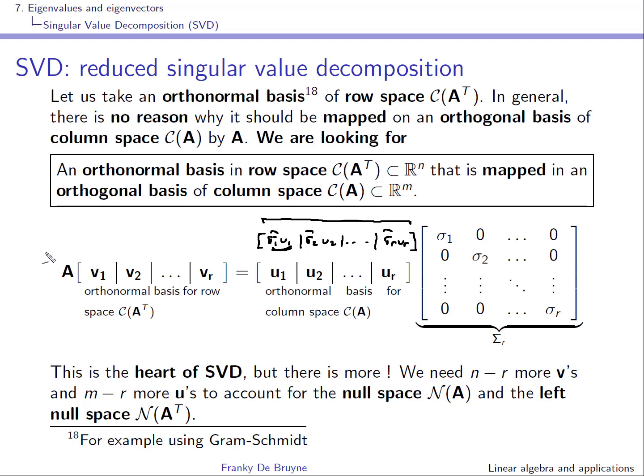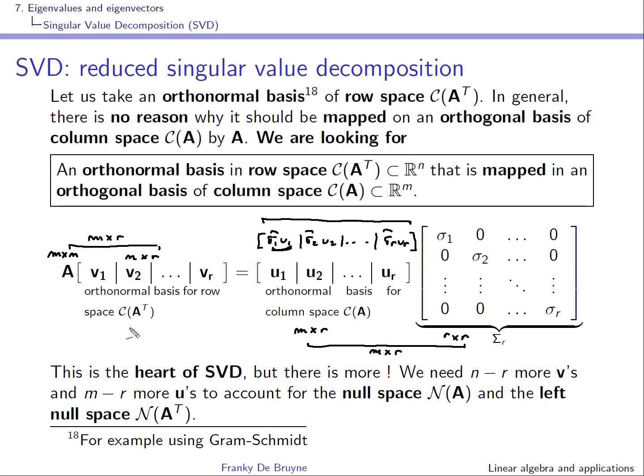Okay, so we know that A is m times n, so this has r columns, so this matrix is m times r, the product is m times r. So here we'll have something which is m times r, and this is a diagonal matrix r times r, so indeed this is consistent, and this is m times r.